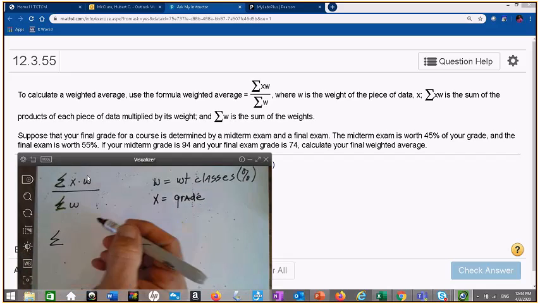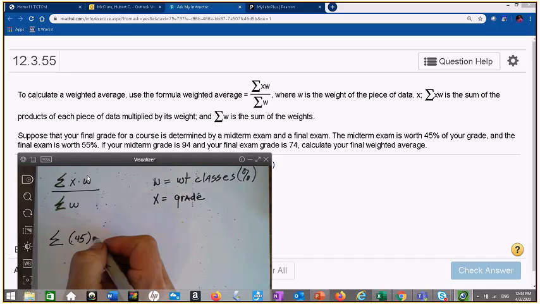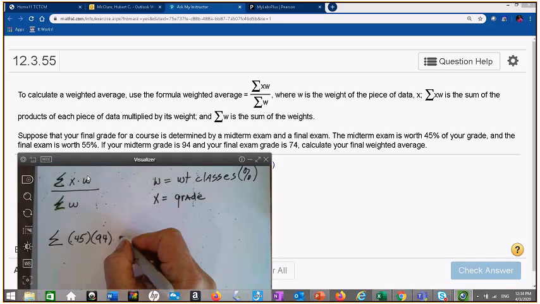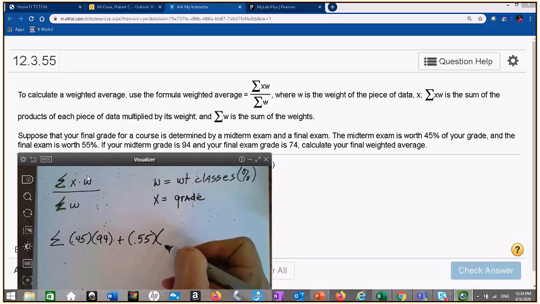Summation of 0.45, that's the midterm, times 94, plus 0.55, which is 55%, of the final exam, which is 74.